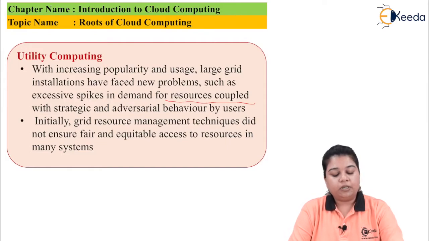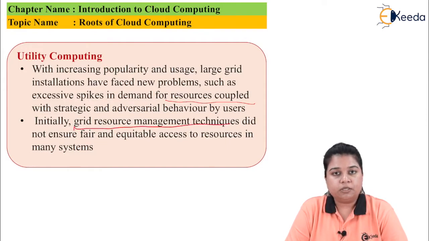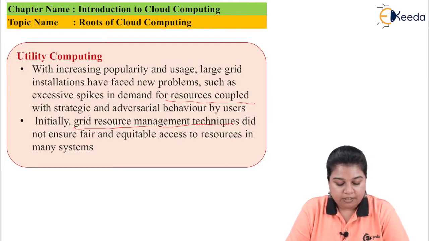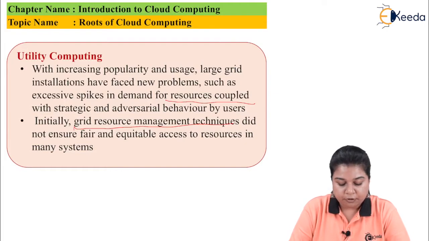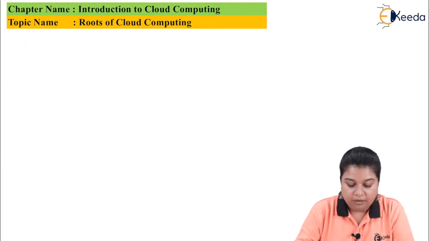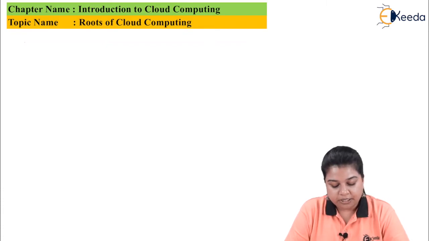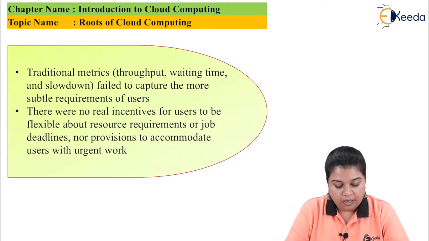Another point in the roots of cloud computing is utility computing. It is the fourth building block for cloud computing. With increasing popularity and usage, large grid installations have faced new problems, such as excessive spikes in demand for resources coupled with strategic and adversarial behavior by users.